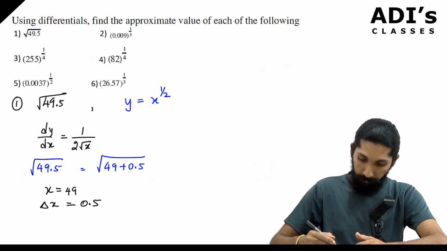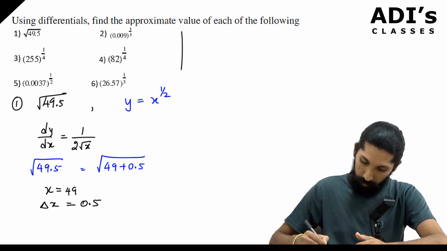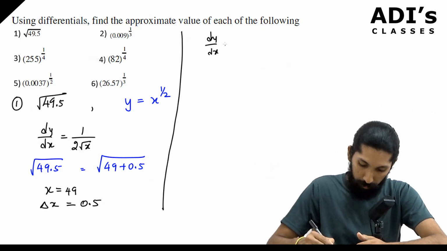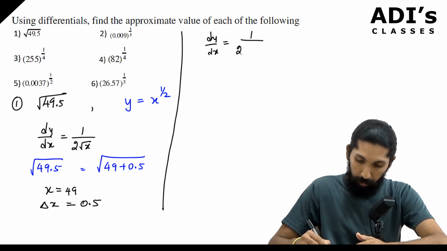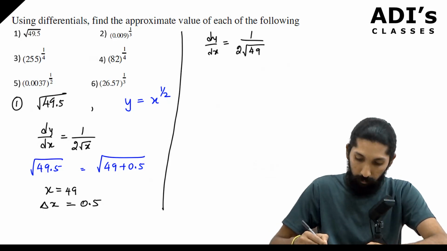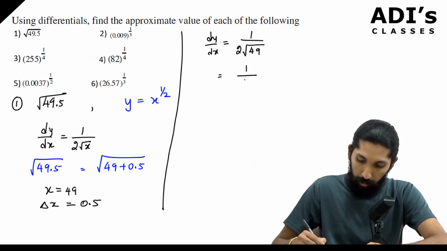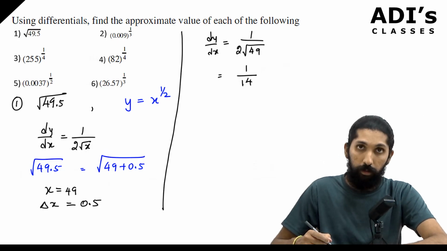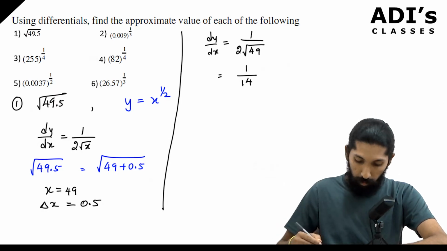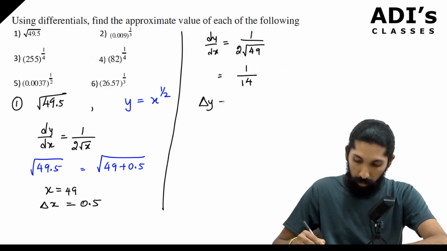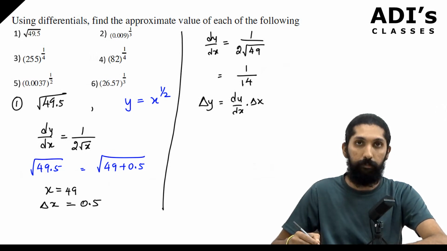So what do you have? In this case, dy by dx is going to become 1 by 2 into root of 49, x value, right? This will become 1 by 2 into 7, which is 14, so you have 1 by 14, isn't it? Next, delta y is equal to dy by dx into delta x, correct?